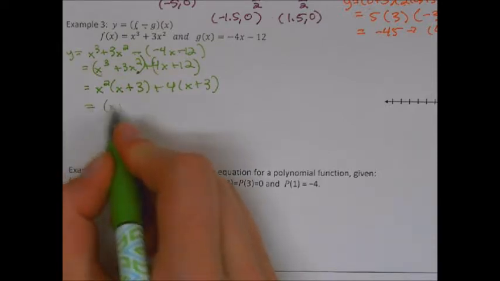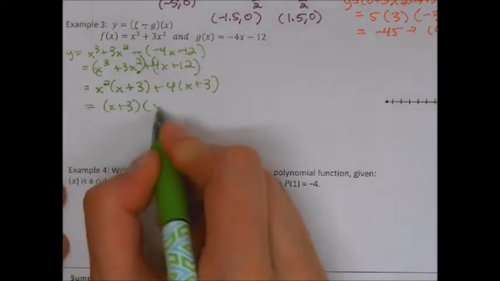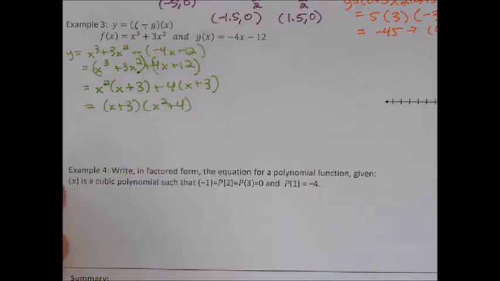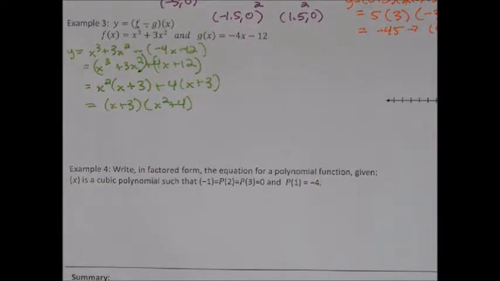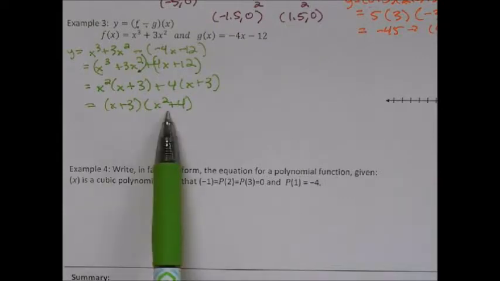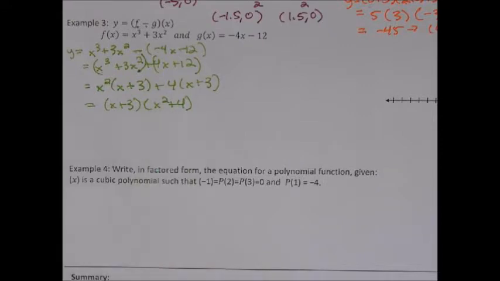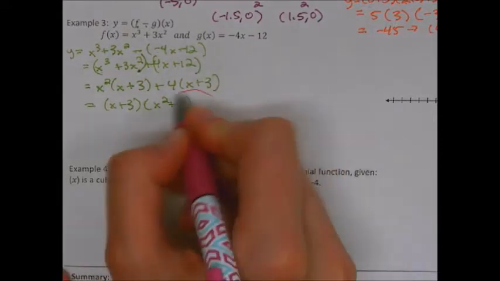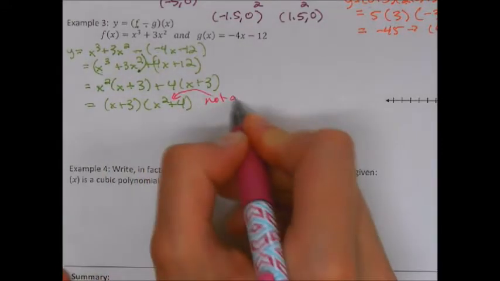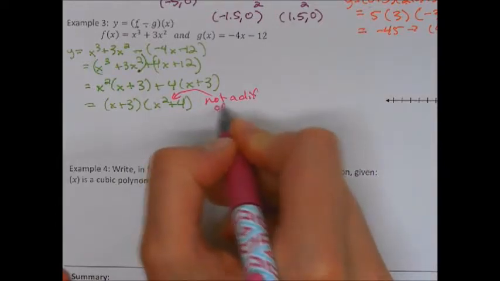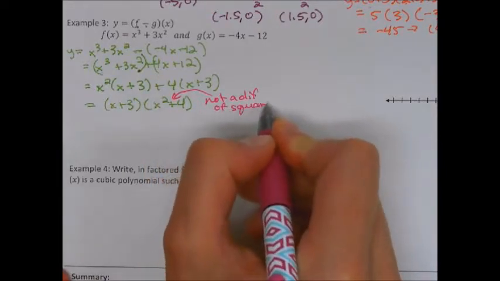I have x plus 3 times x squared plus 4. Can I keep going here? It looks like a difference of squares, but it's a plus, so this is not a difference of squares. So we are done.